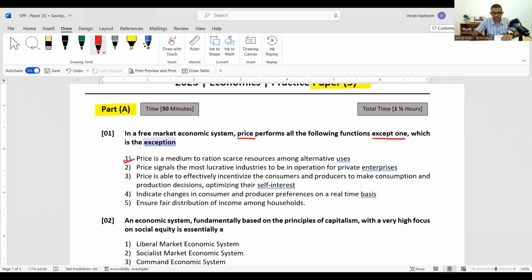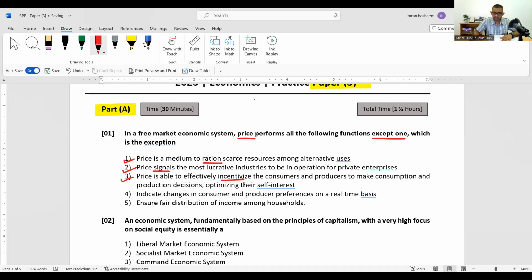Price signals the most lucrative, most profitable industries to be in operation for private sector enterprise. Then price is able to effectively incentivize. So the incentive function, the signaling function, and the rationing function are discussed here.